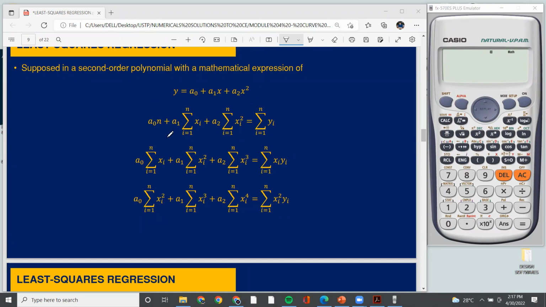Okay? And ang pag-solve ani, pag-derive ani, pattern na gyapon makita ninyo, no? First a sub 0 and then si x is x squared. Okay? Next is summation of x. So mao ni ang pattern pag magkataas, no?